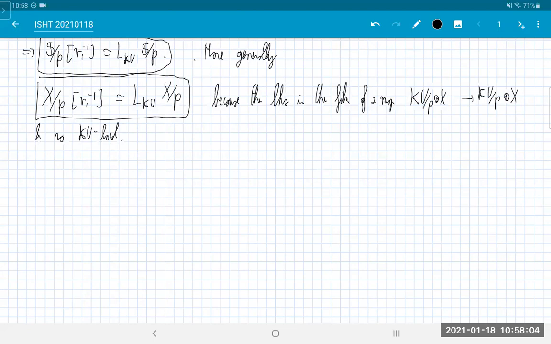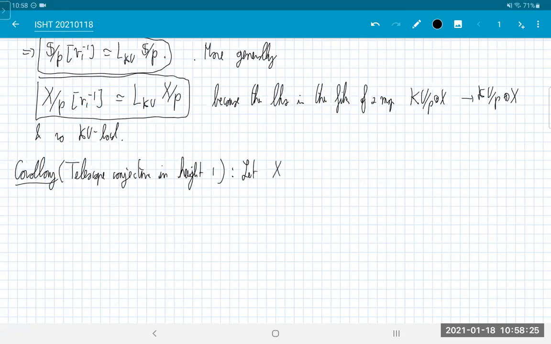Okay, so this is the corollary, which is the telescope conjecture in height 1. Let X be a spectrum.